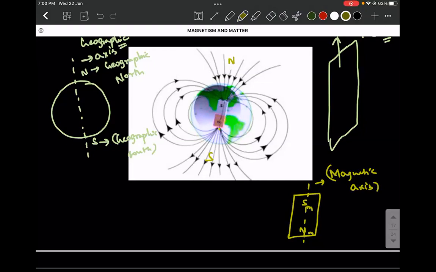So you understood what an axis is, right? Axis is one dimensional. In a similar way, across this north pole and south pole, if I draw a plane that is cutting through the magnetic north and the magnetic south, then that is called the magnetic meridian. So meridian is a plane, axis is a line. Are these four points registered in your mind? Is there any confusion?